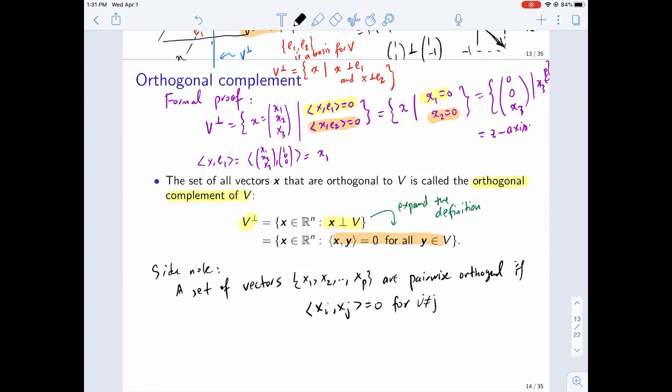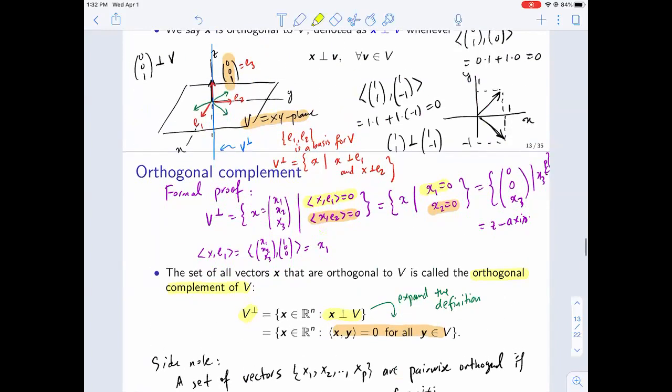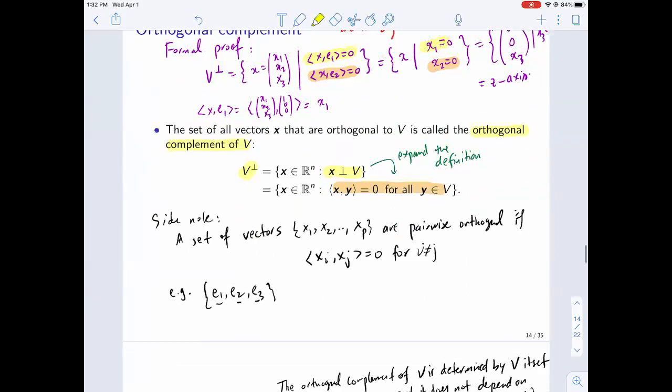For example, this is such a set. These are the 3 basis vectors, right? So this is a set of pairwise orthogonal vectors. Why?